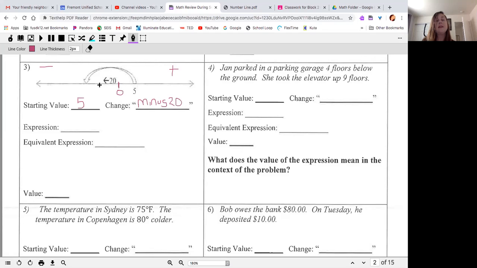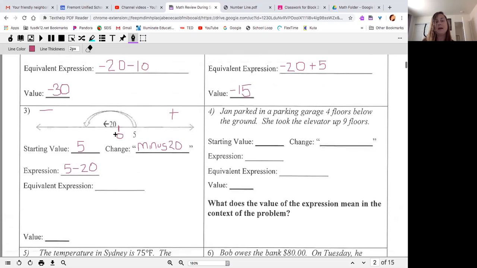It is not negative 20, okay, because this is a positive 20, so just minus 20. And my expression, when I put it together, is going to look like 5 minus 20. Now I need to write an equivalent expression, okay? So I need to write this another way where I'll still get the same answer.